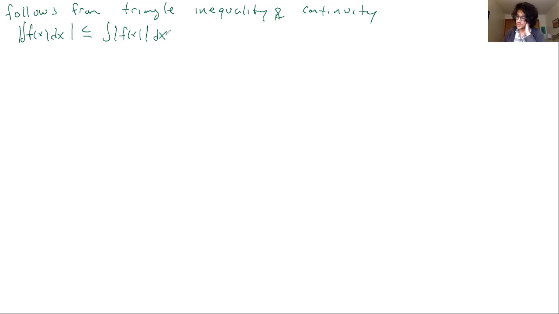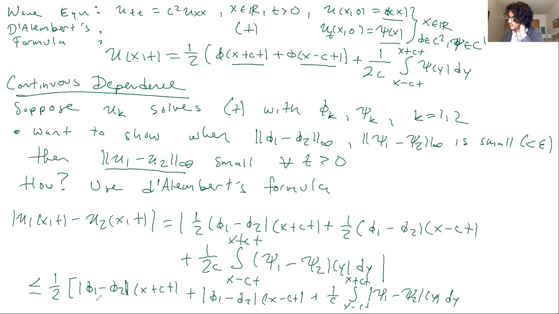So when we put all those things together, right, we know that this difference is small, because the infinity norm, or the sort of maximum difference of this is small. This is small as well.